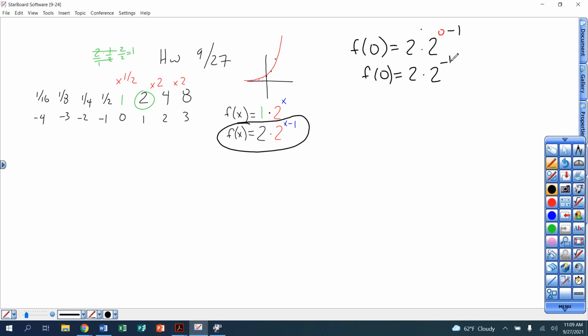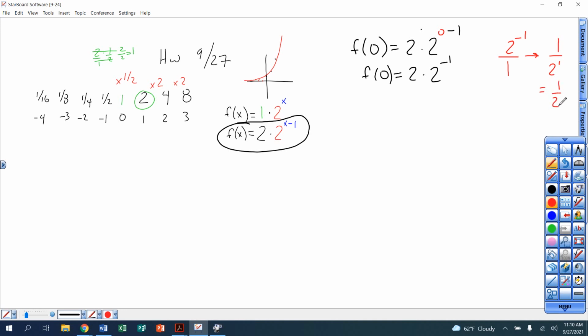And here's where it gets dicey. Any number to the -1 power is the same as putting it over 1, flipping it, and having that power become positive. So 2 to the -1 is really 1 over 2 to the +1 power, which is 1/2.